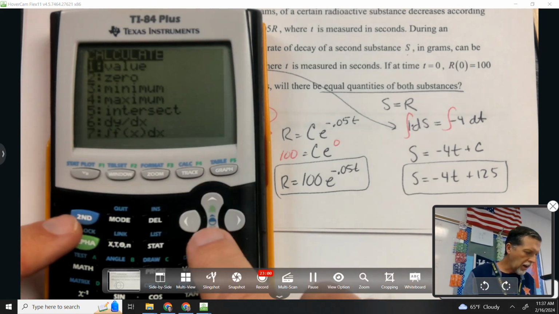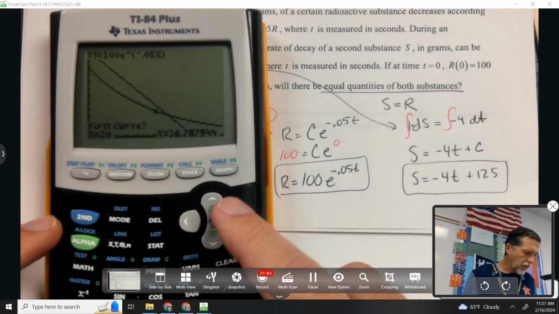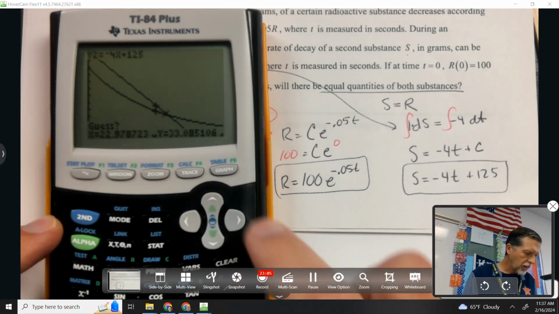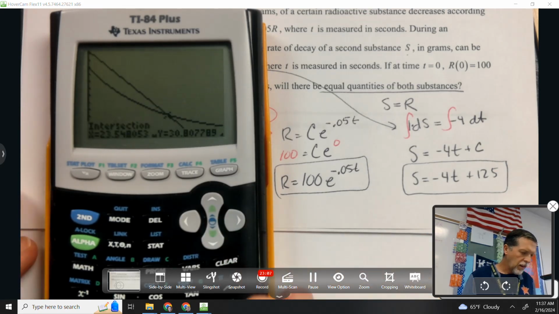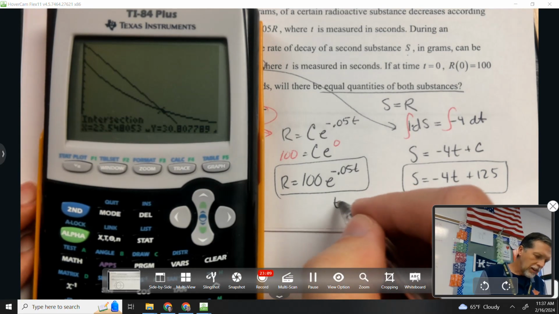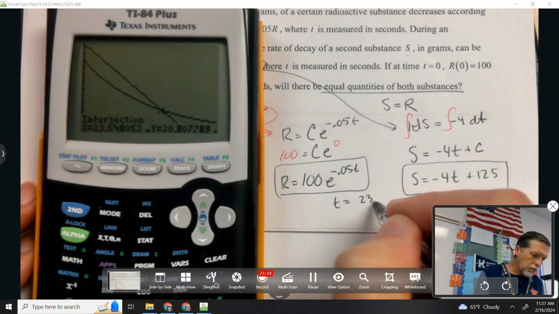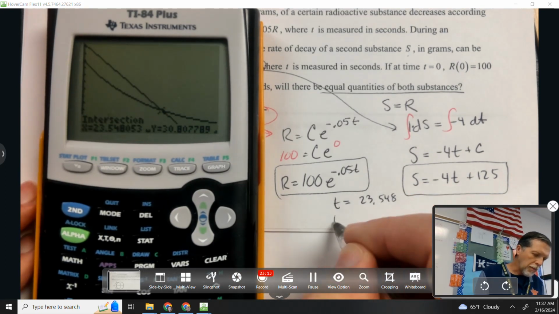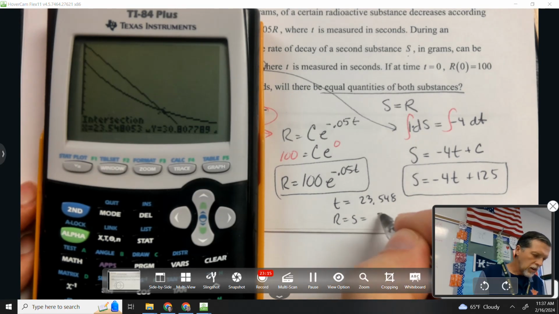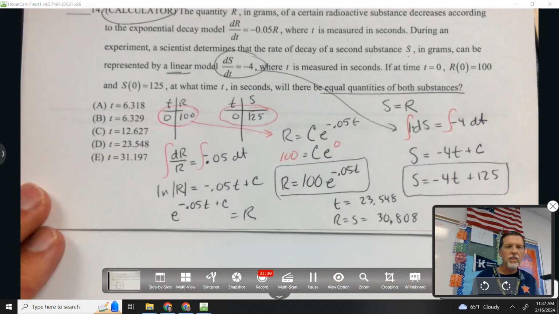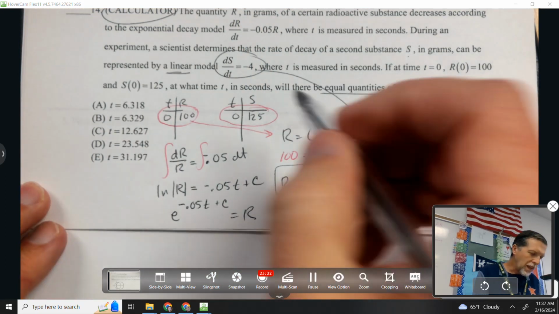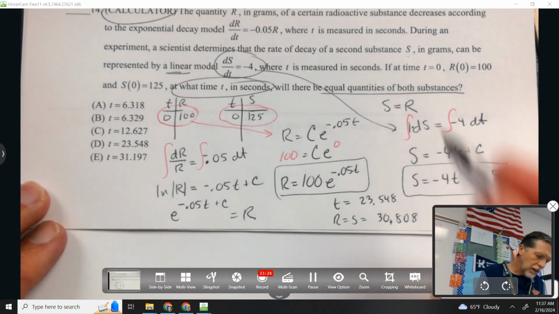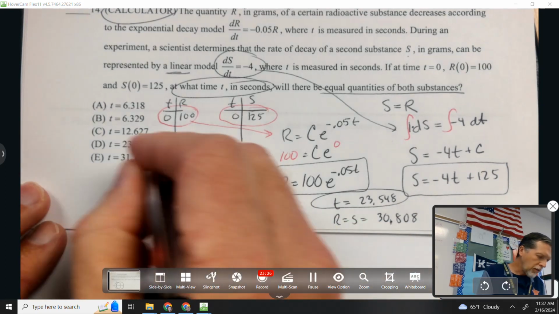So second calc, intersection, first curve, second curve, guess. Now let's be careful. That means time is 23.548, and the amount is 30.808. Let's make sure we answer the right question. At what time, t, so 23.548.